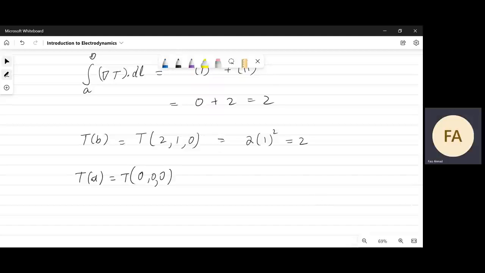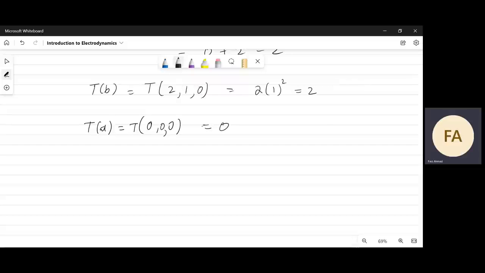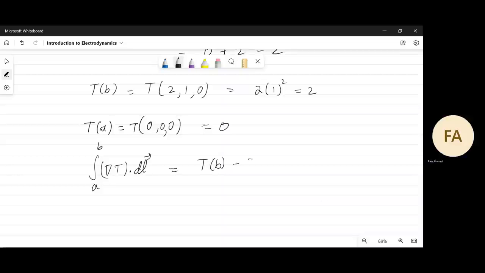It will turn out to be 0. So the integral of delta T dot dl from a to b is equal to T of b minus T of a. Both have the same value. Here we got 2.